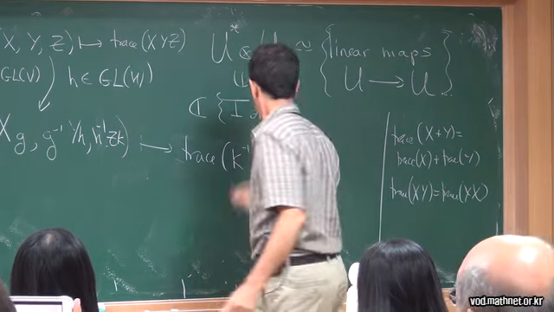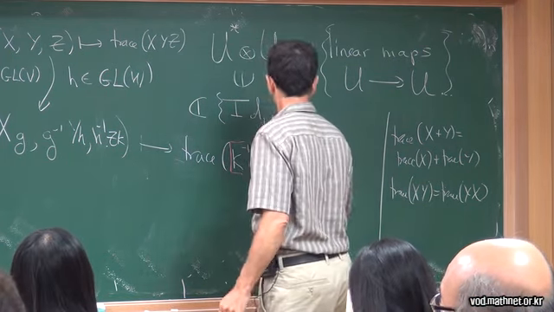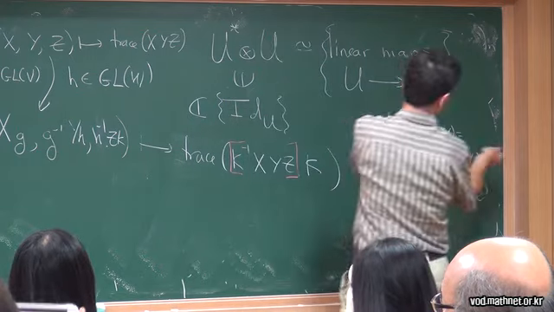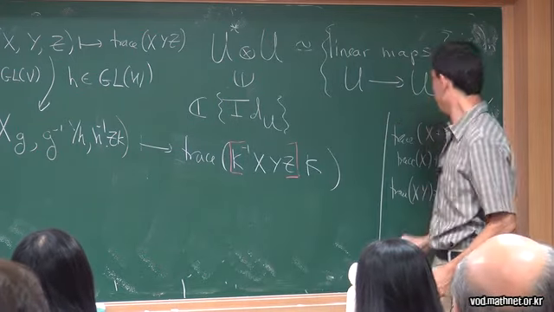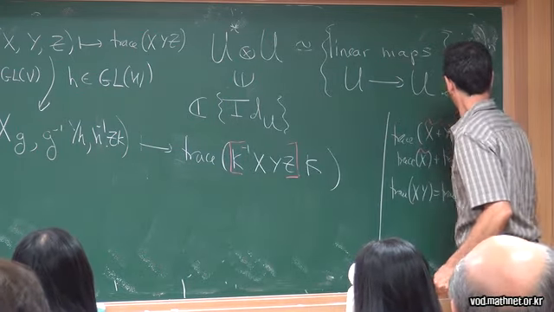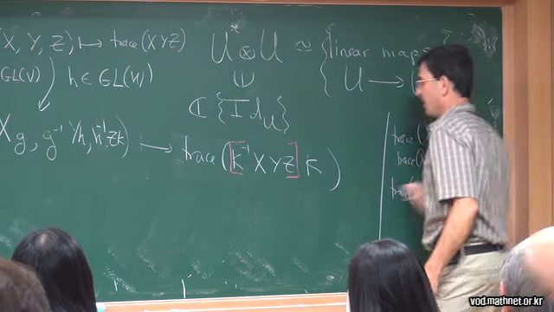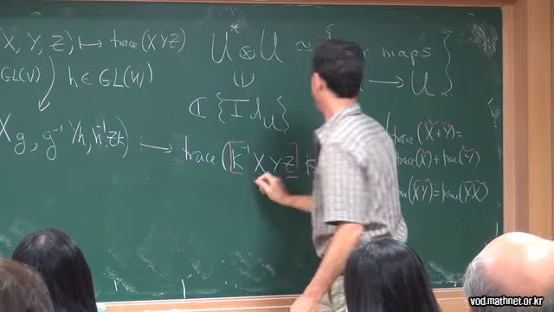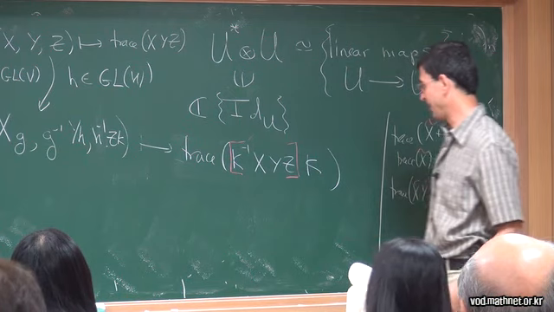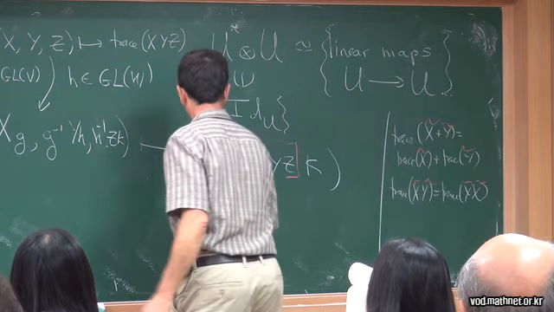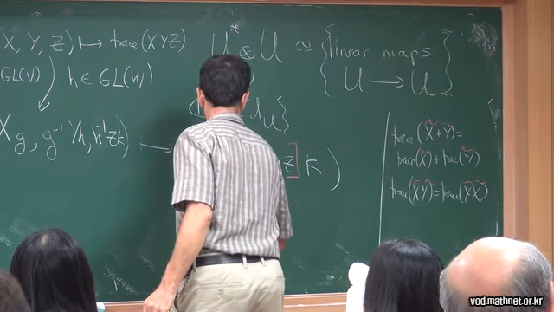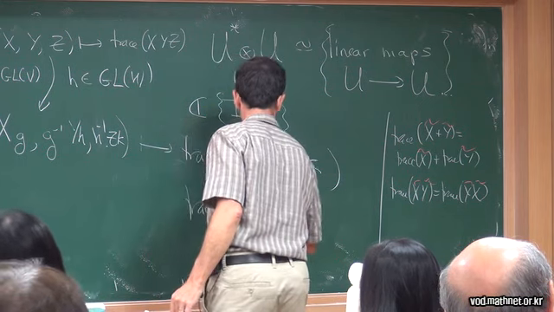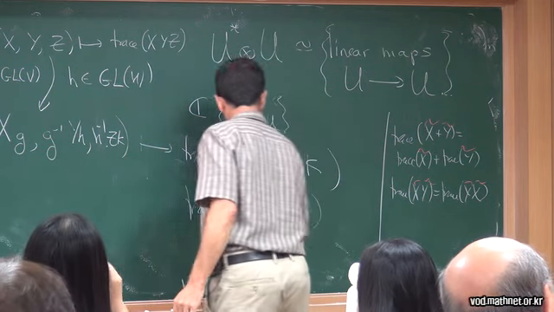Well, why don't we call this, well, I shouldn't have used x and y, I'm sorry. Let's call this x tilde, and let's call that y tilde. So this is equal to the trace of K inverse x, y, z. And now we're good.